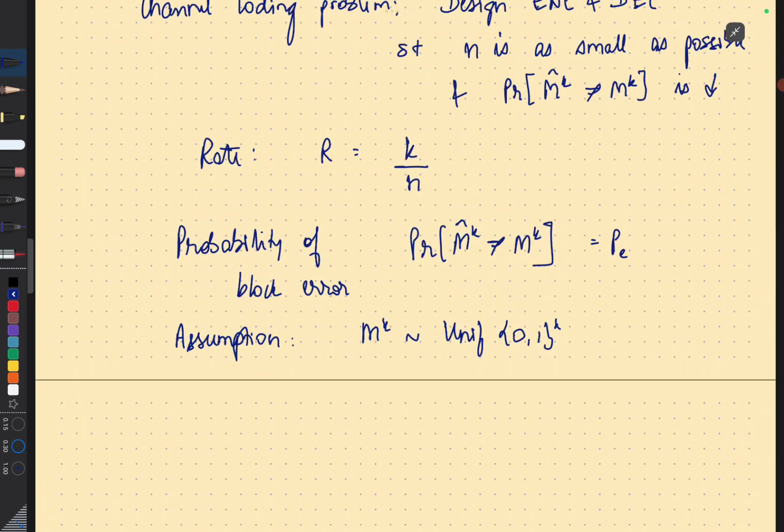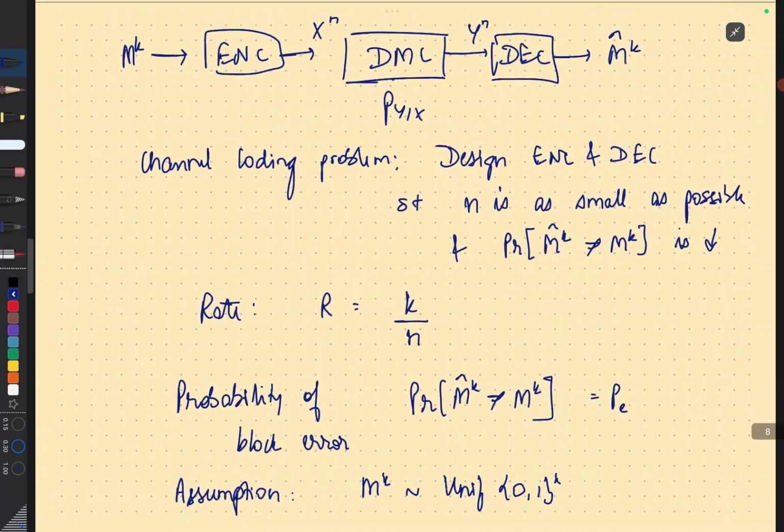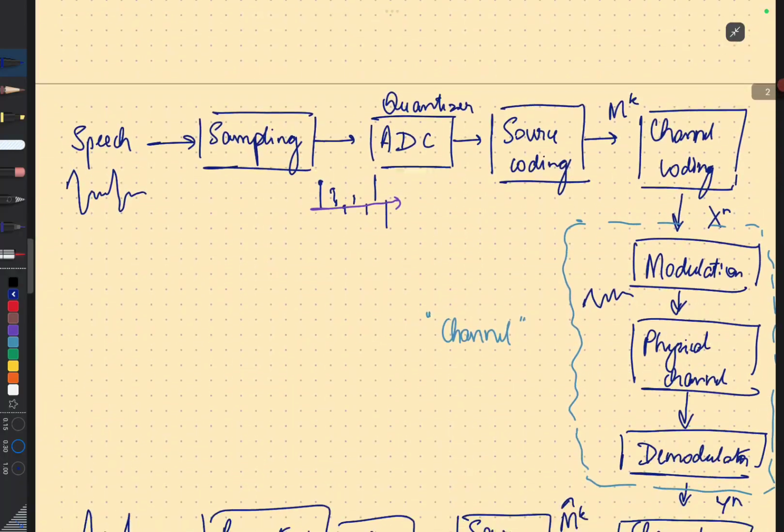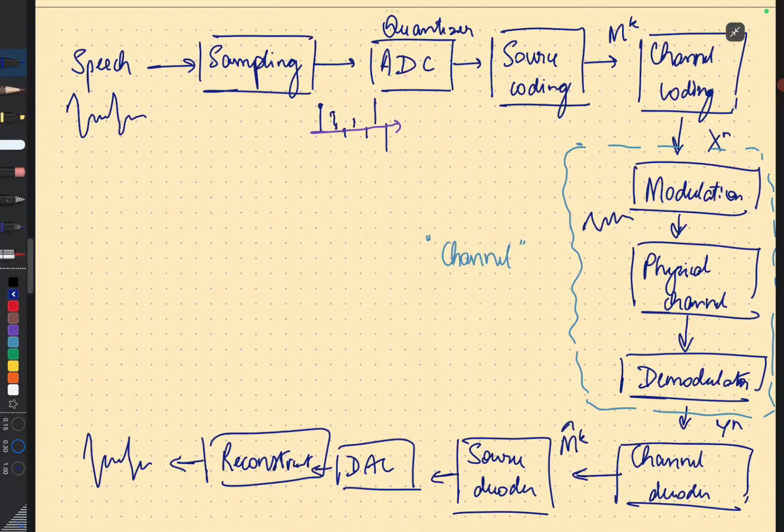And there's a reason why we have this uniformity assumption. The reason is because what is M_k? If we go back to our communication system block diagram, M_k is basically the output of the source coding block. So M_k is a sequence of compressed bits, and we would expect this sequence of compressed bits to be close to uniform. Why? What would happen if it is not close to uniform? Then potentially you can compress it even further, which means that you are not using a good compressor.